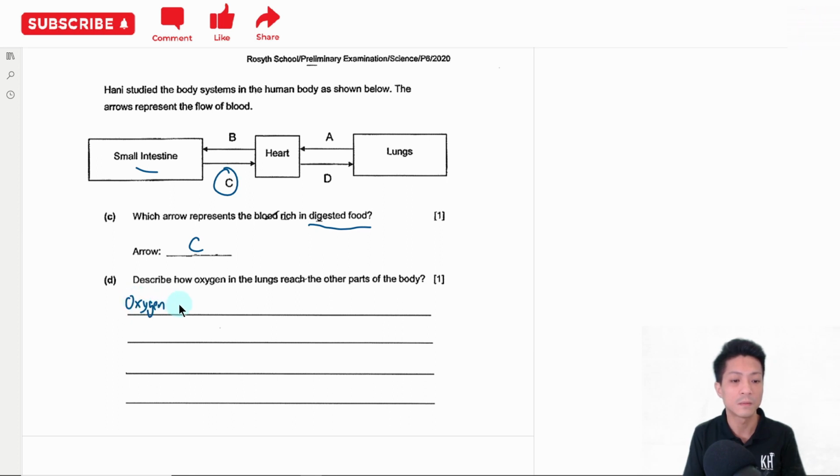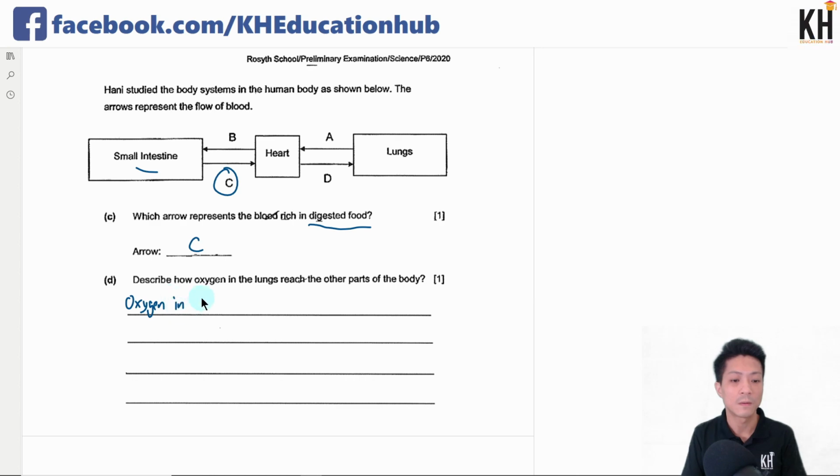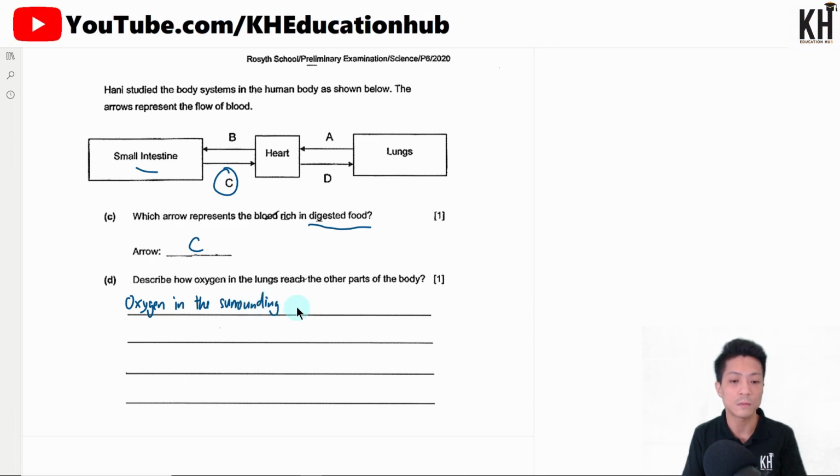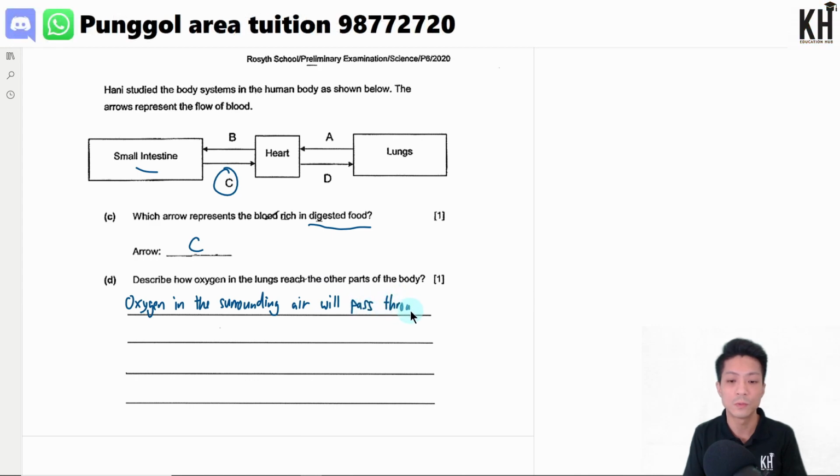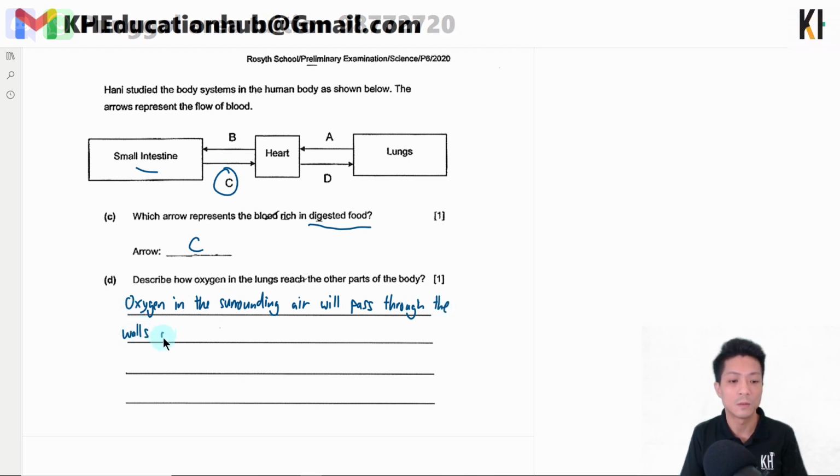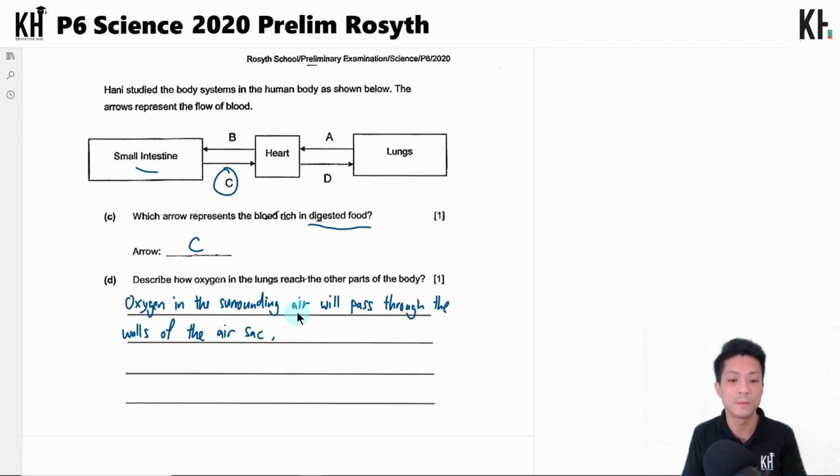Oxygen in the surrounding air will pass through the walls of the air sac and enter the bloodstream.